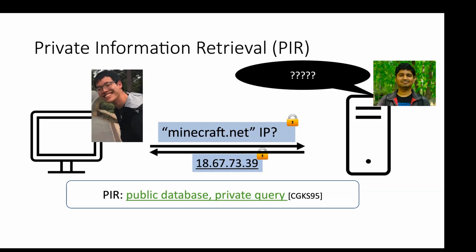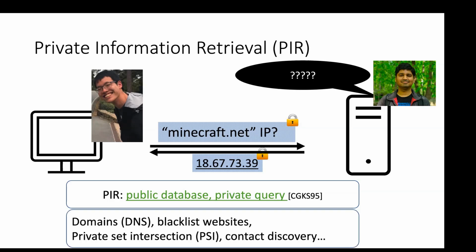Maybe Jeff is trying to access overlib, right? So in short, PIR stands for public database and private query. It has a lot of applications, like private DNS server, blacklist website, private set intersection, contact discovery, and so forth.